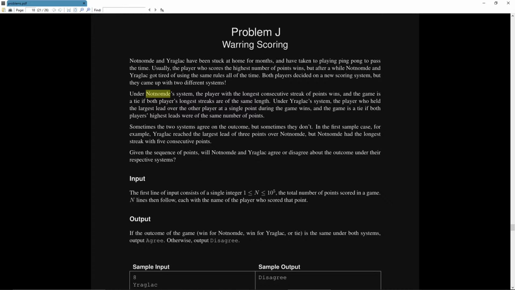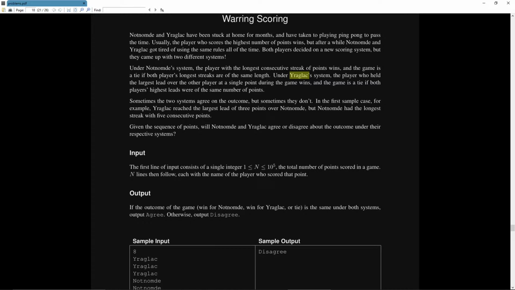So if one player gets like 5 points in a row, the other player only gets 3 points in a row, and the player who gets 5 points in a row will win, if this is your longest streak. And then Irglak's system is that the player who held the largest lead at any point in time wins instead.